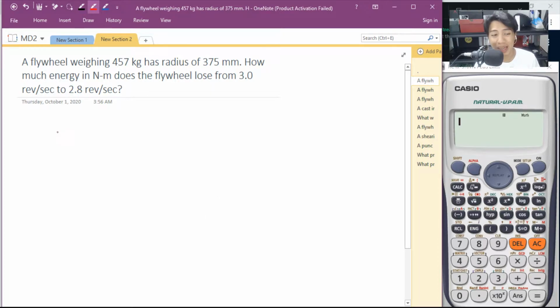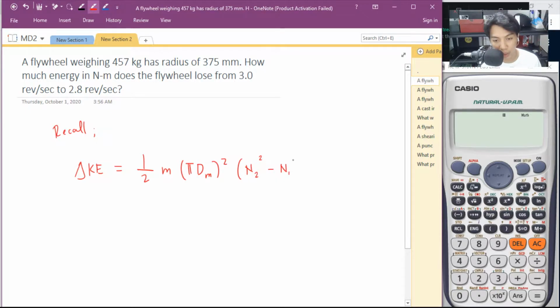Now, we recall this formula. What is the formula? Diba, delta KE or the change in kinetic energy in your flywheel is given by this formula: 1/2 nung mass multiplied to pi, the mean diameter squared multiplied to n2 squared minus n1 squared.